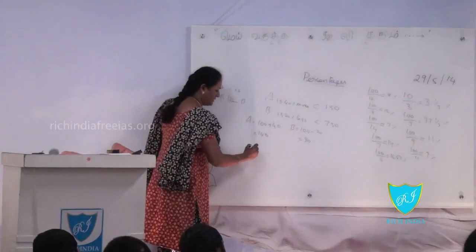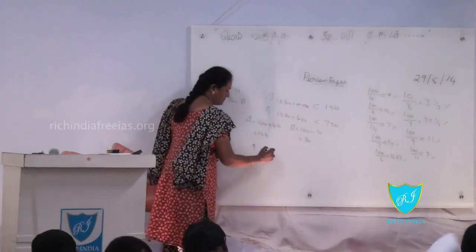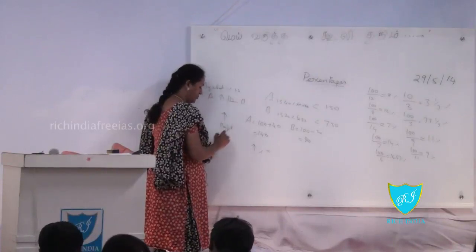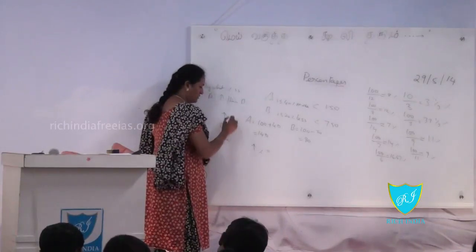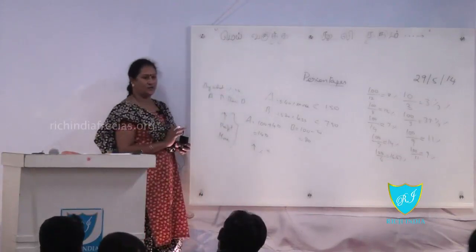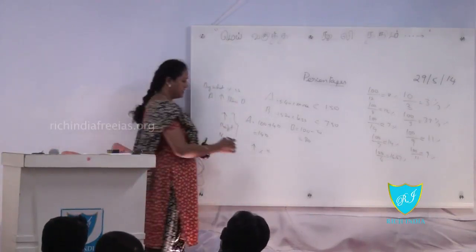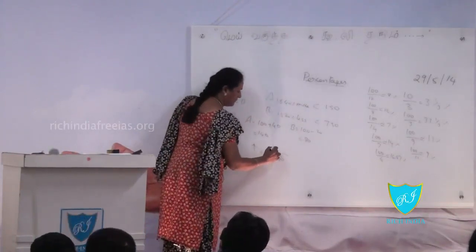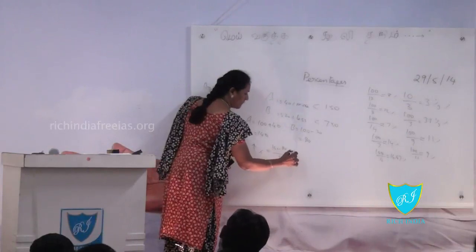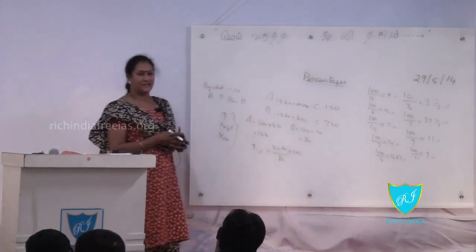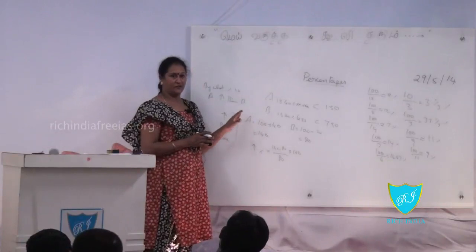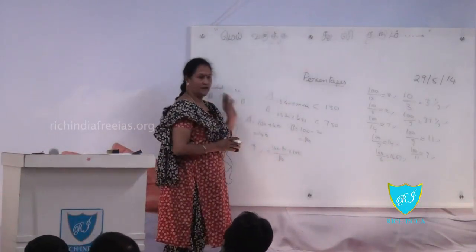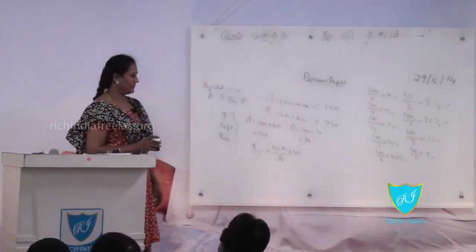When increase is asked, whenever increase or profit or more is mentioned to show the increase, you write the smaller number in the denominator and the difference in the numerator. So for increase percentage, from 80 it has increased to 140. Okay. So always write difference in the numerator and the smaller number in the denominator.